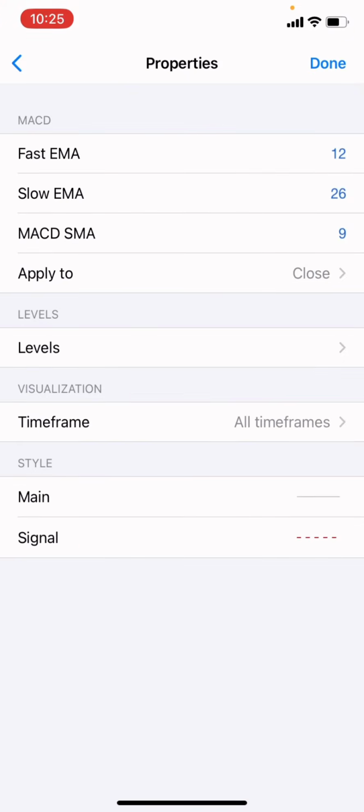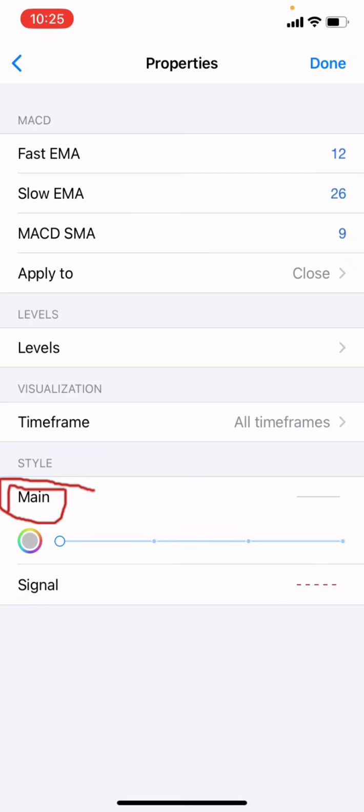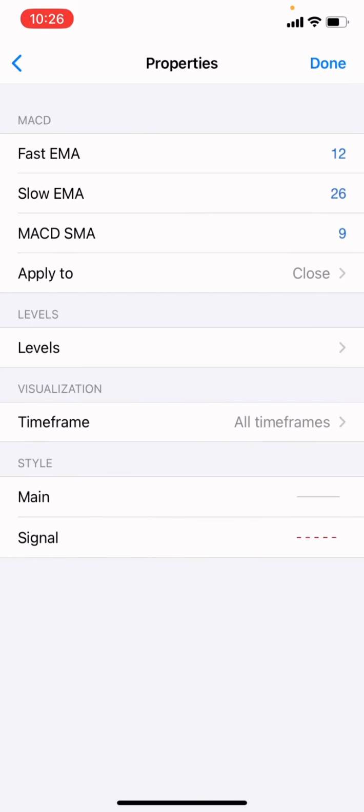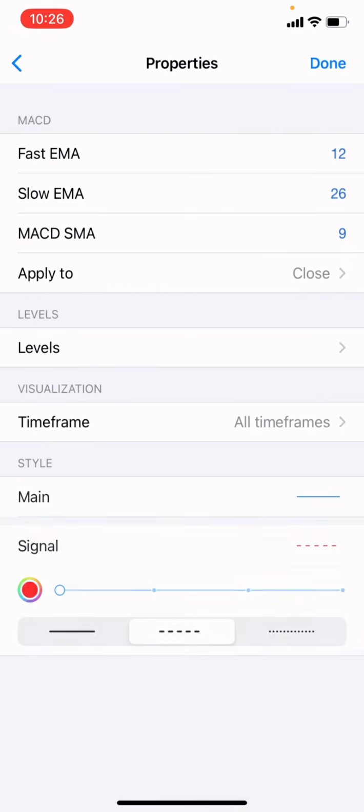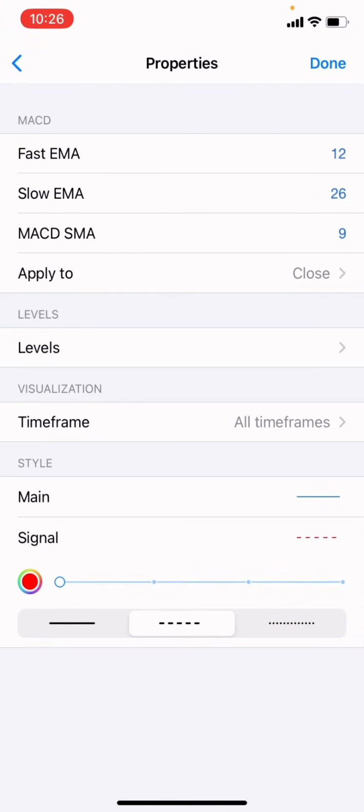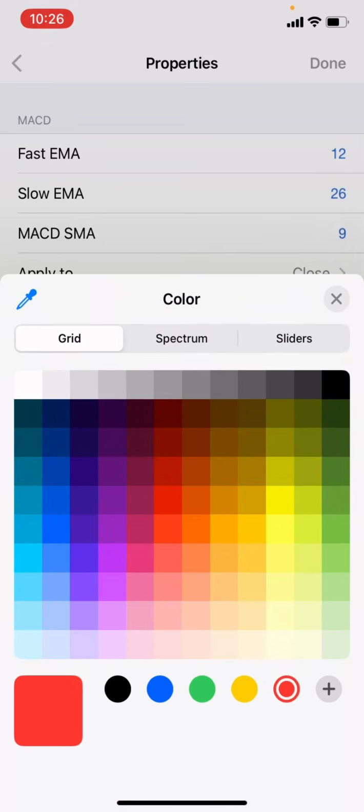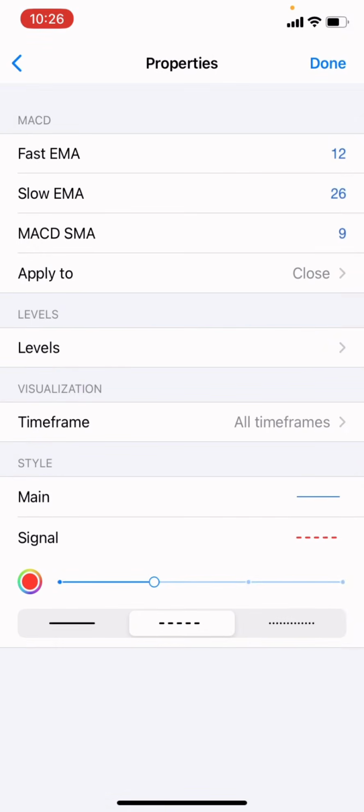You leave it on default, but you can change the main line to 1 pixel with a blue color, and the signal you can choose 2 pixel, and you leave the color on red.